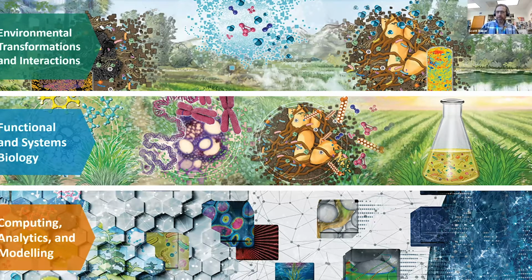And then in the functional and systems biology area, we're interested in basically connecting phenotypes with genotypes in the areas of industrial biotechnology, so production of perhaps biomaterials, molecules that might be considered commodity chemicals, and of course biofuels.